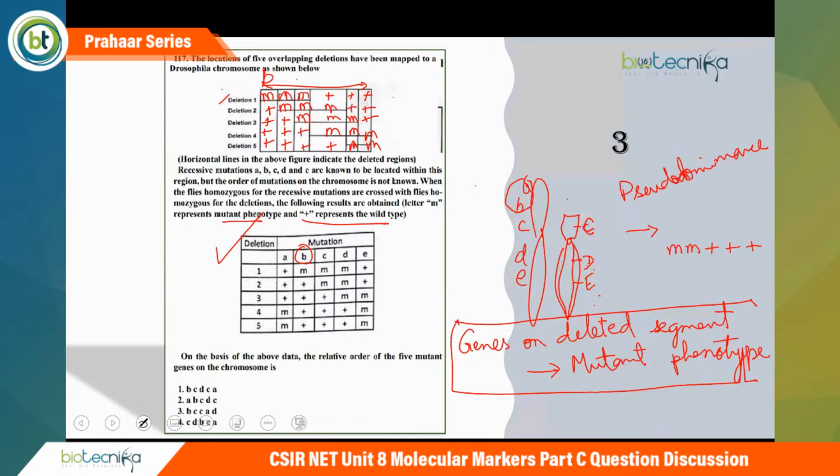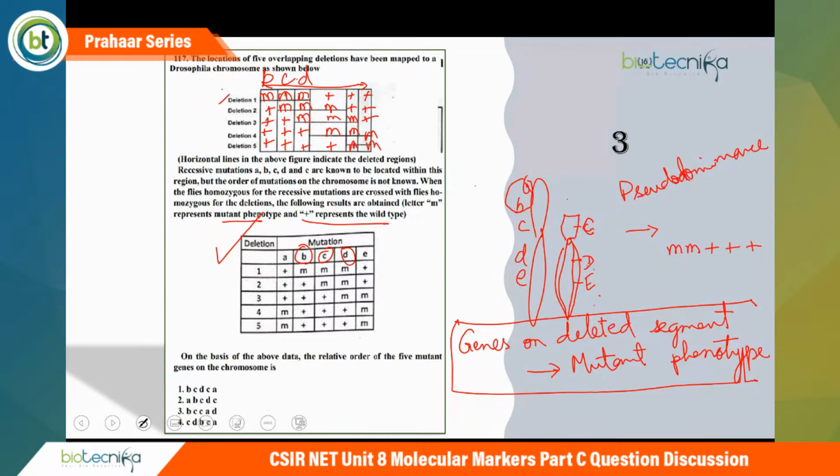Next one is saying M M plus plus plus. M M plus plus plus is shown by C, that means in this second section C is present. Next is M M M plus plus, which is shown by D, so next is D. The next segment is showing plus M M M plus.